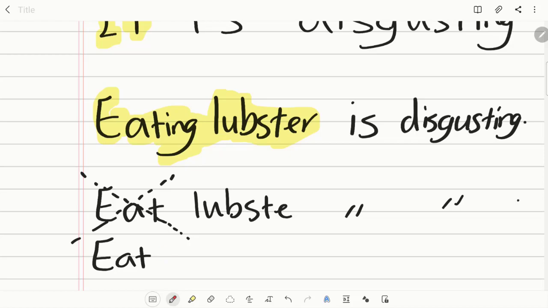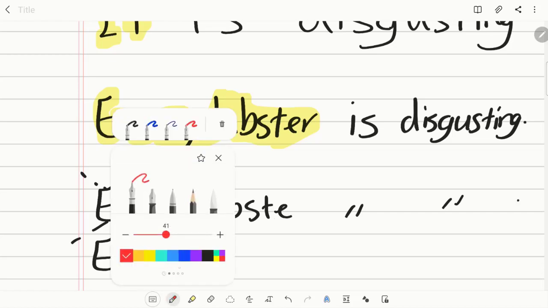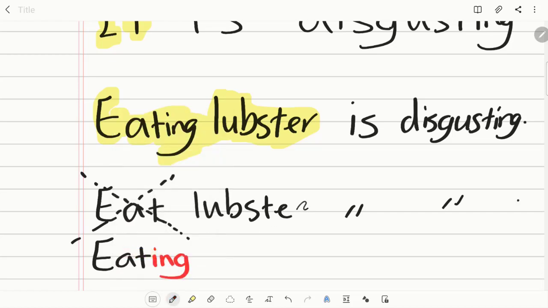So in this case we say eating lobster is disgusting. So eat lobster is disgusting is wrong, and it's okay to say eating lobster is disgusting.